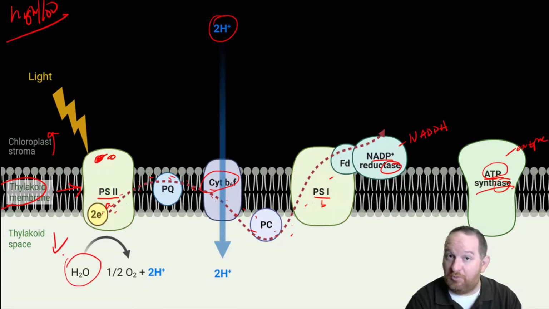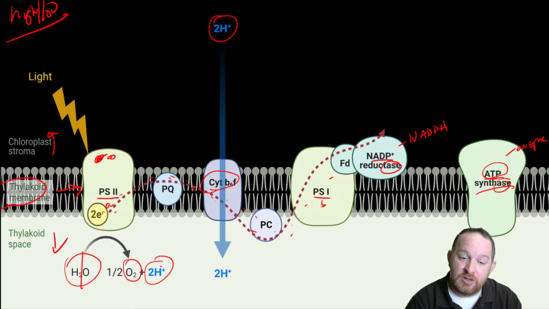So remember, we have to water our plants. Water's here in this thylakoid space. What happens is the water splits. Water splits in half, so we get some oxygen, and we actually get some hydrogen as well. So now we've got some hydrogen that's been shuttled across. Water has been split. The electrons will come back up here to regenerate those taken from the chlorophyll molecules.